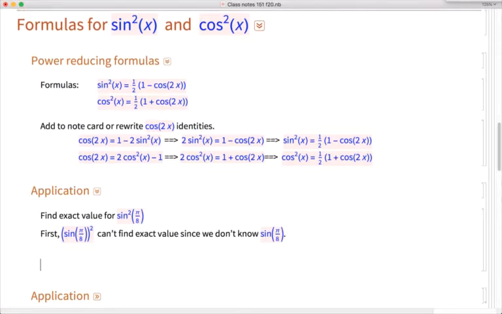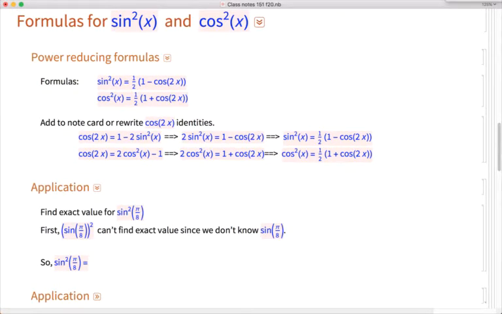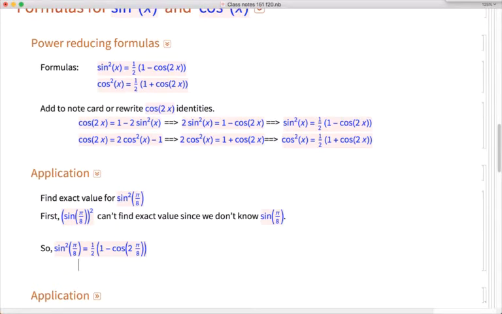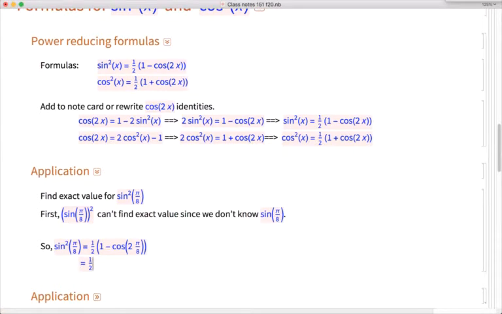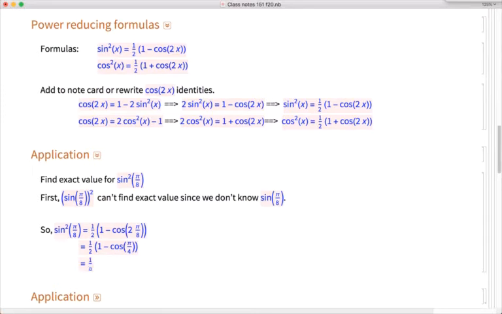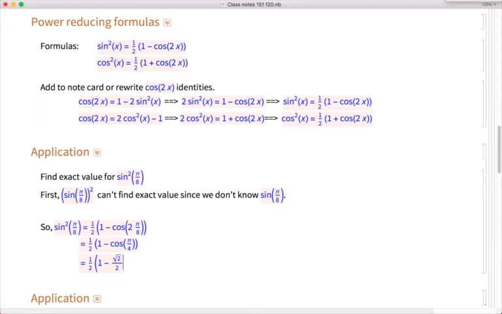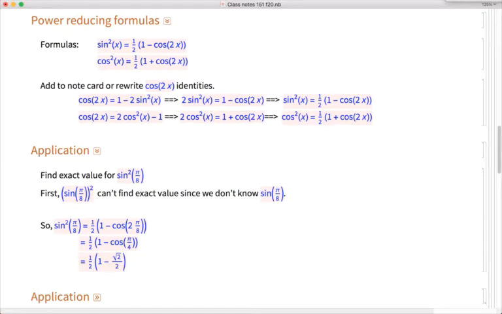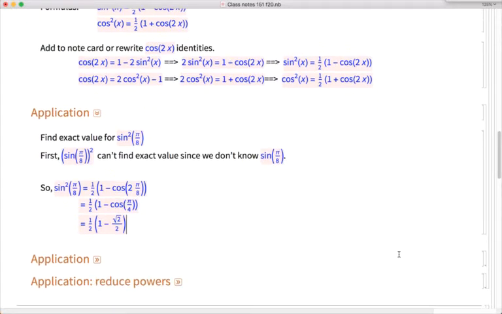So sine squared is 1/2 times 1 minus cosine of twice the angle. Our angle is pi over 8. And of course this has been set up such that twice pi over 8 is an angle that we're familiar with. Okay, so this is 1/2 times 1 minus root 2 over 2. And we won't bother trying to simplify that either, just leave that as it is. It is an exact value.